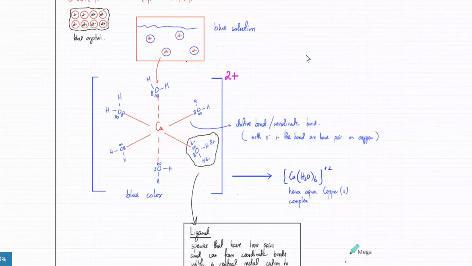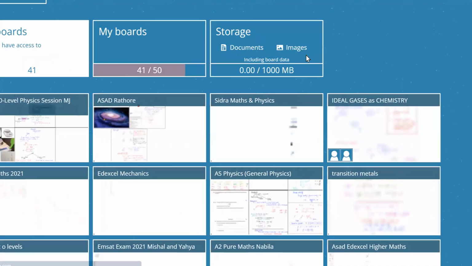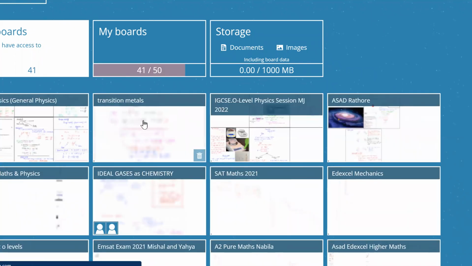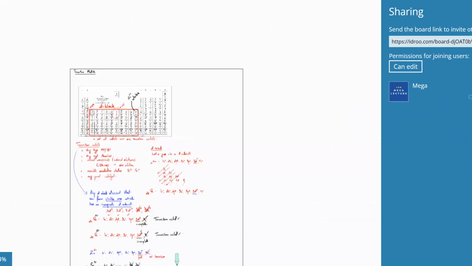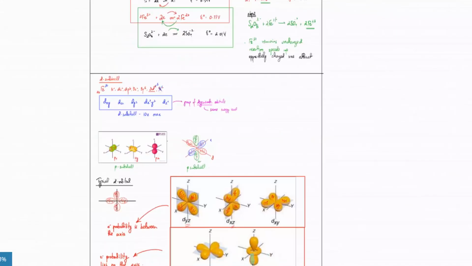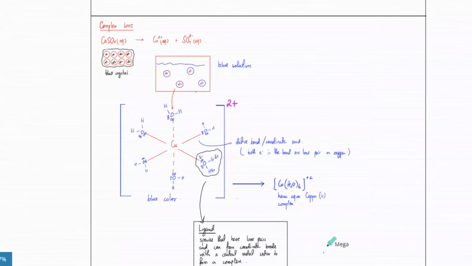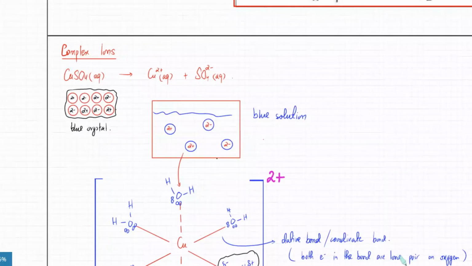Another thing is, I did not write the definition of a complex ion. Just a second. So also, we have to write the definition of what a complex ion is.